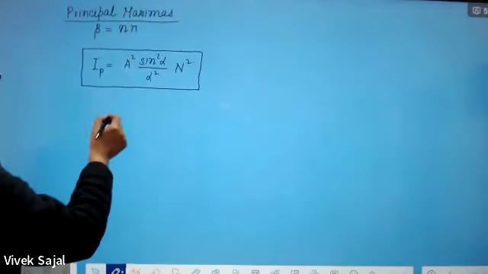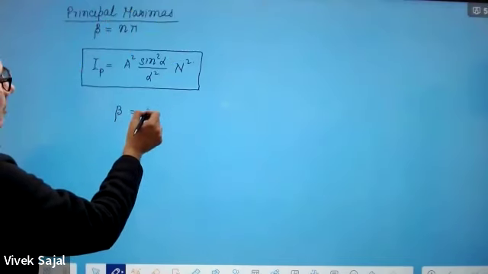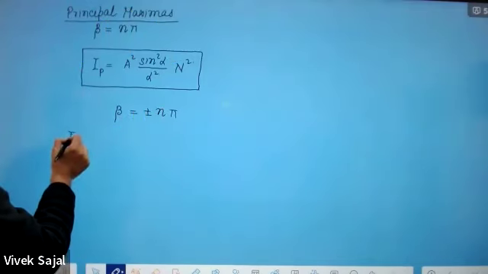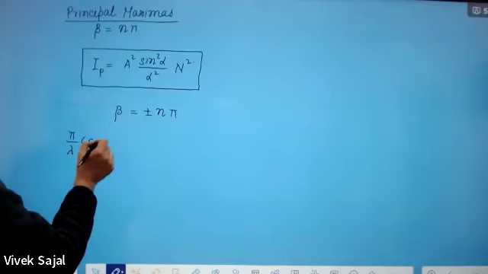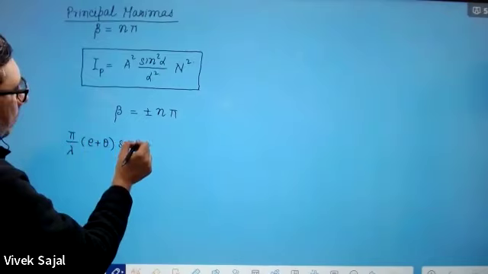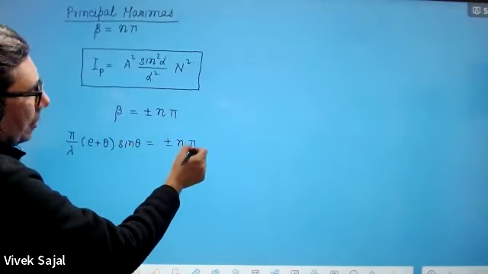For this, beta position will be given by beta is equal to plus minus n pi. And what is beta? Beta is, if you look at, pi by lambda, this is E plus D sine theta. That will be plus minus n pi.